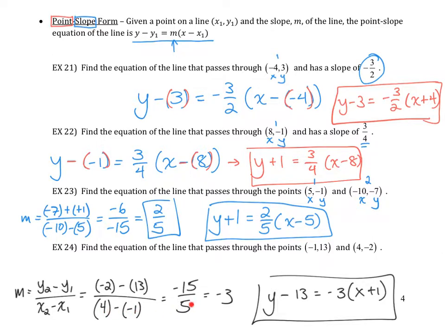Add these together to get 5. Perform the subtraction, get negative 15. Divide it to negative 3. That is the slope. And I used the first point again. When I substitute a negative 1 in here, the negative that is already there makes it positive 1, plus 1. And the 13 will go here with a minus 13.